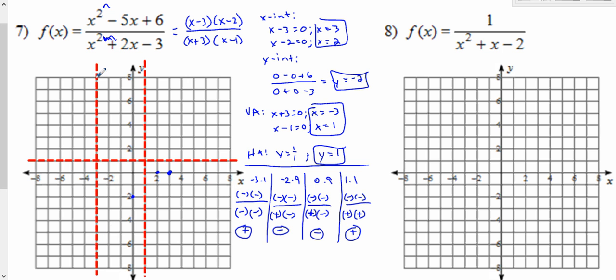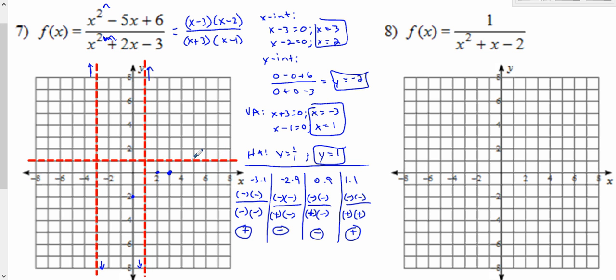For negative 3.1, I'm up here at the positive values, going towards positive infinity. At negative 2.9, I'm going down to negative infinity. At 0.9, I'm also going down to negative infinity. And at 1.1, I'm going up towards positive infinity.